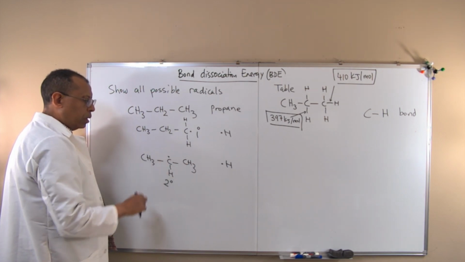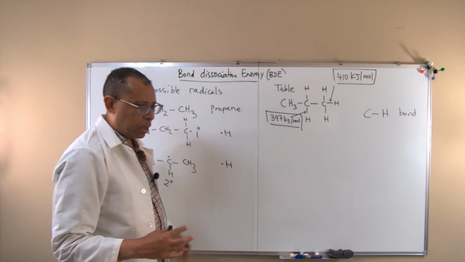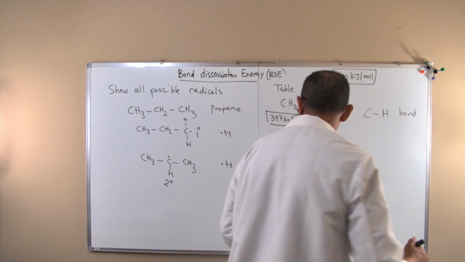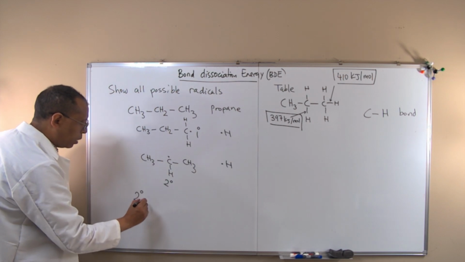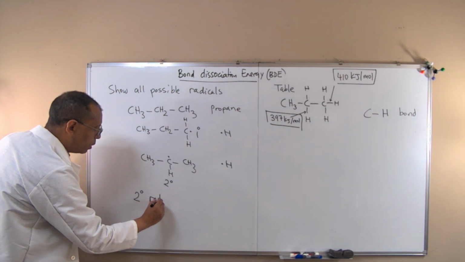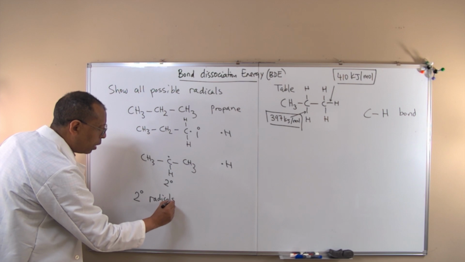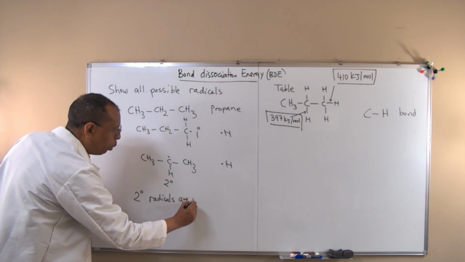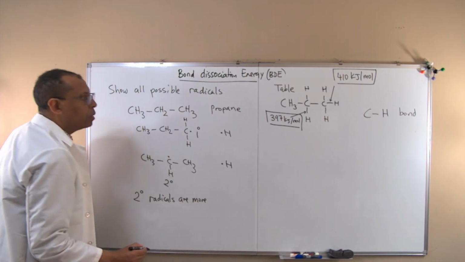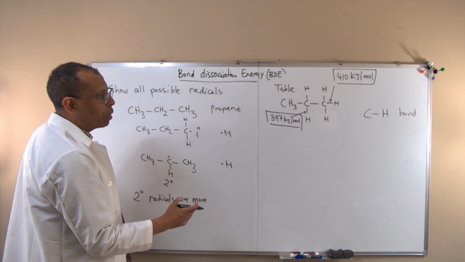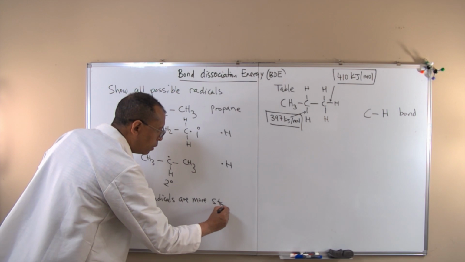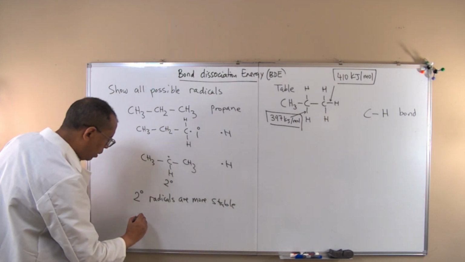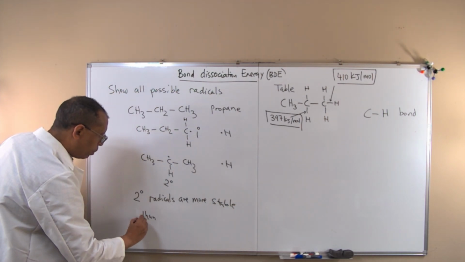This is secondary. So, in a sense, the conclusion is secondary radicals are more stable than primary.